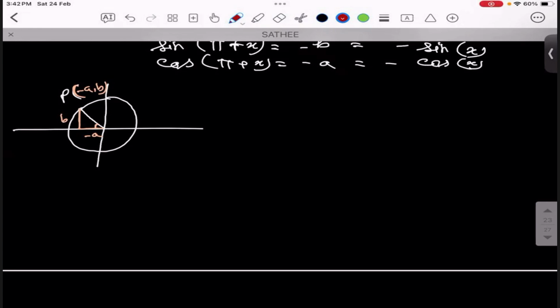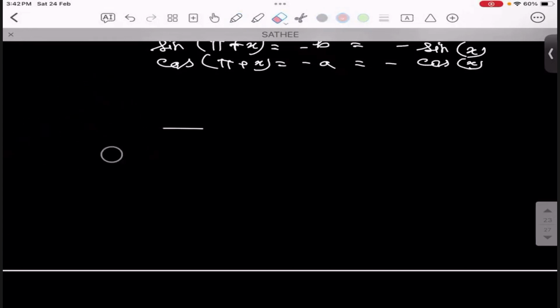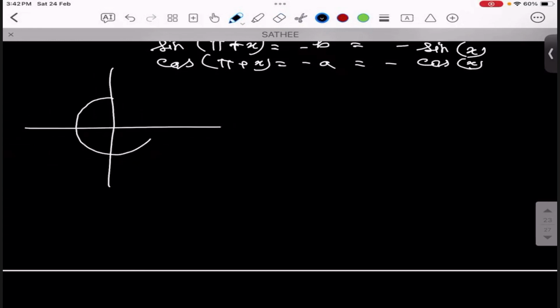Okay, right. X and Y. This is the unit circle. This is the origin. This is the point P, minus a comma b.